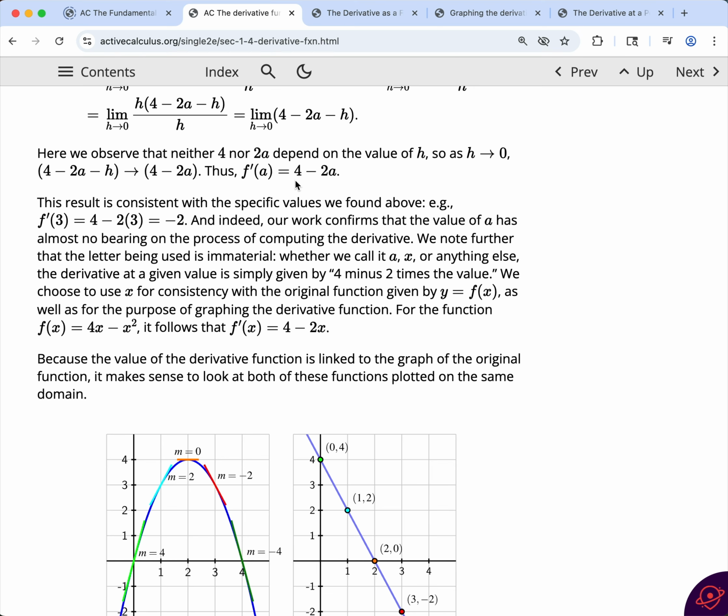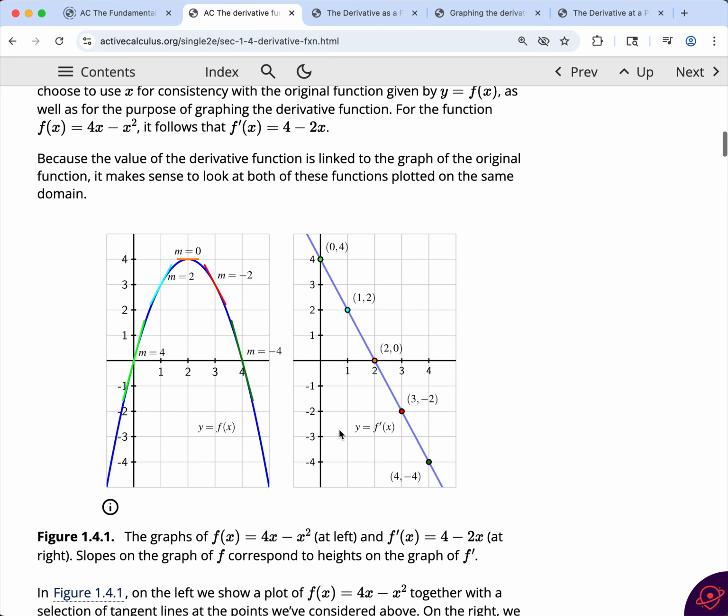So with this equation, I could actually tell what the slope is for this parabola at any value. If I wanted to know the slope at 1.5, I'd put 1.5 in here and work it out and figure out what that slope is. Okay?